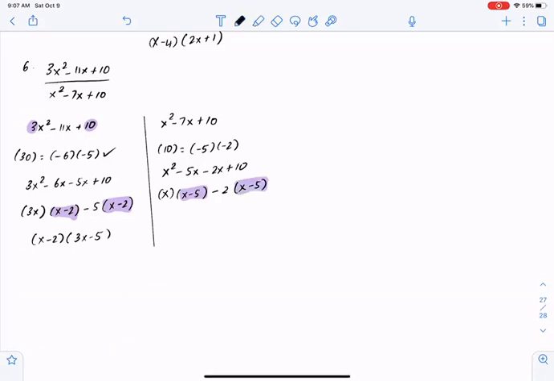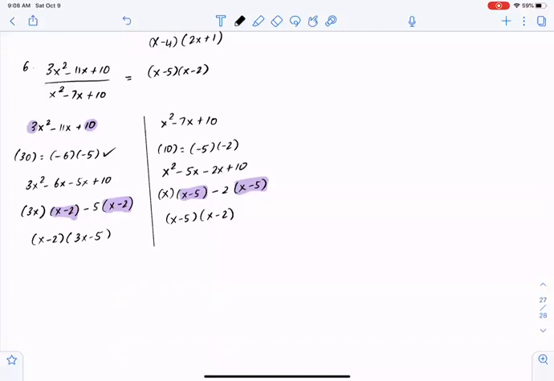X minus 5 is now in common. If I pull that out, I would simply have x minus 5 times x minus 2.